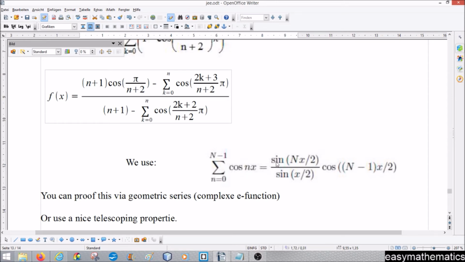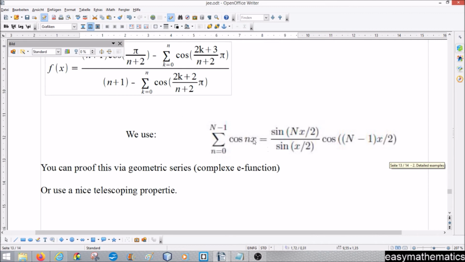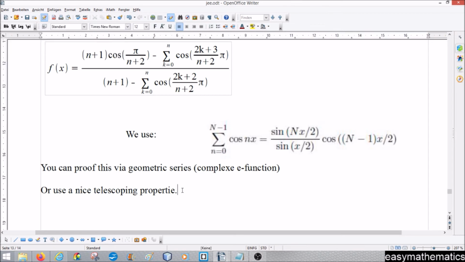There are many ways to get this. I will not do it in detail. Like I said, I guess the easiest way is to use the complex exponential function. The other way uses a nice telescoping property, but it's not so obvious in my opinion. I leave the details for you, but we will use this fact.